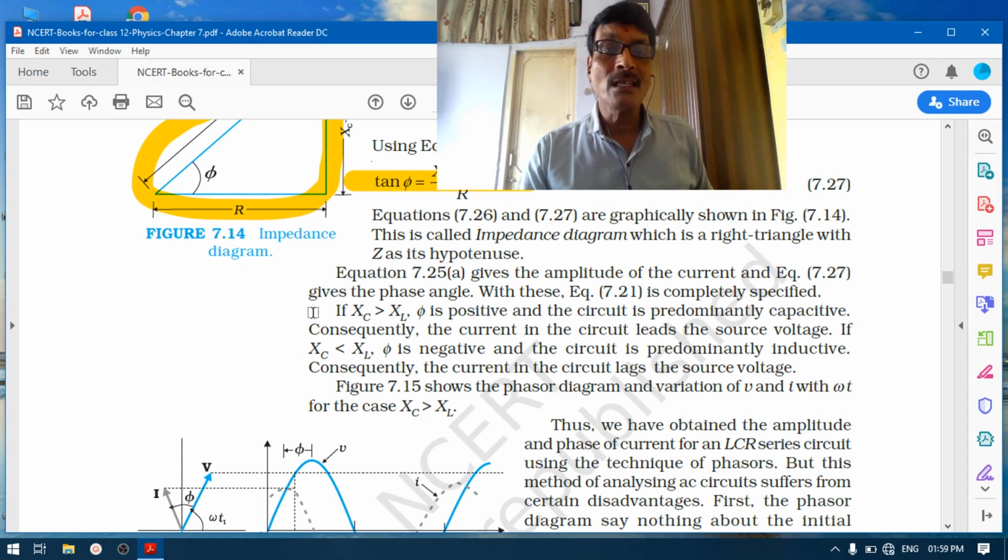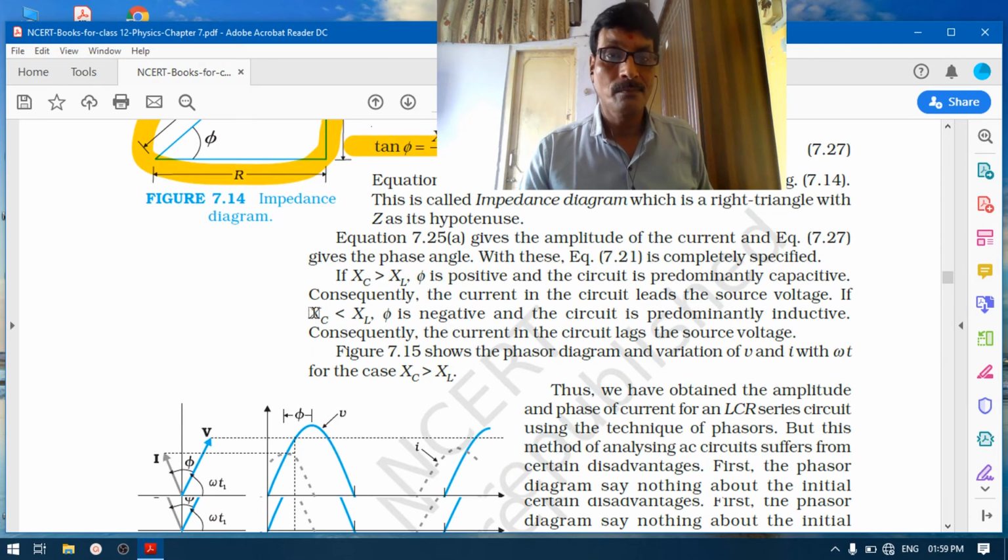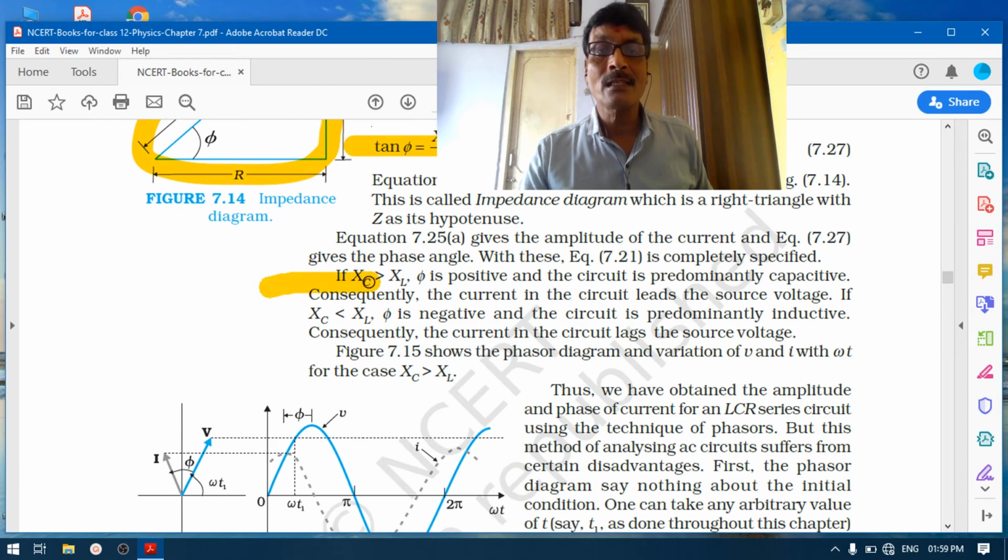Suppose XC is greater than XL, then phi is positive and the circuit is predominantly capacitive. If XC is less than XL, phi is negative and the circuit is predominantly inductive.